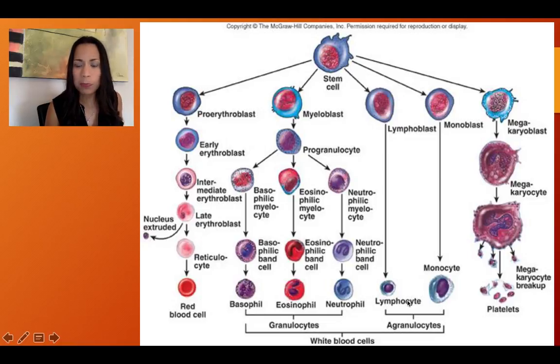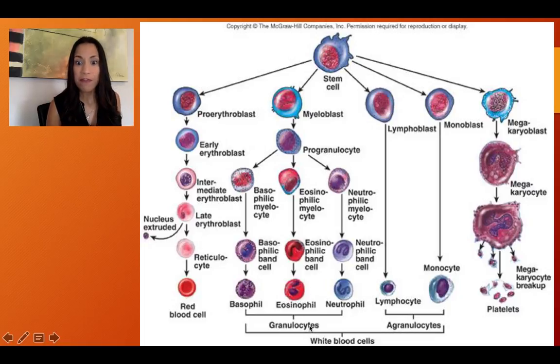White blood cells are usually, or at least 1-2% of them, released as band cells, and these are immature forms of granulocytes. So these can be used as an indicator of infection.